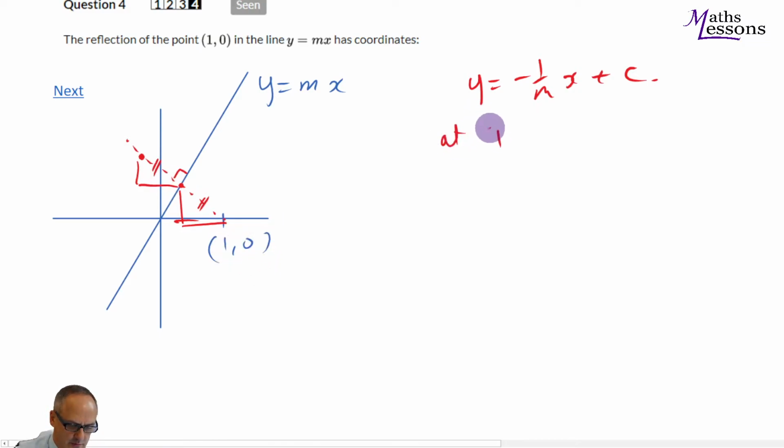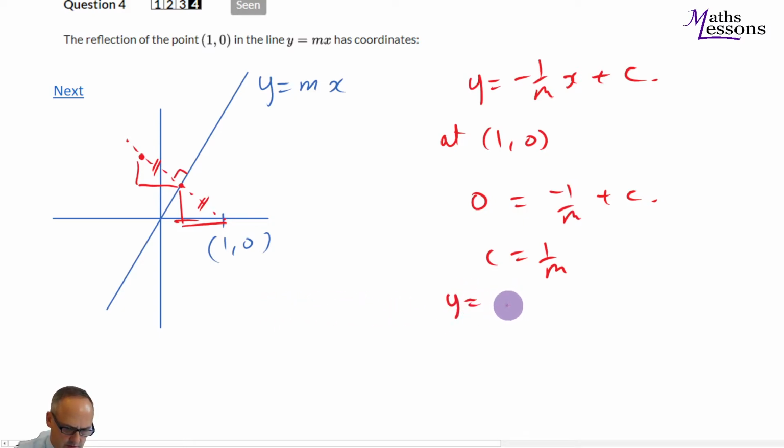So at 1, 0, put 0 in for y, put 1 in for x, and I get my c value is equal to 1 over m when I take that to the other side. So I know the equation of this line is y equals minus 1 over m x plus 1 over m.